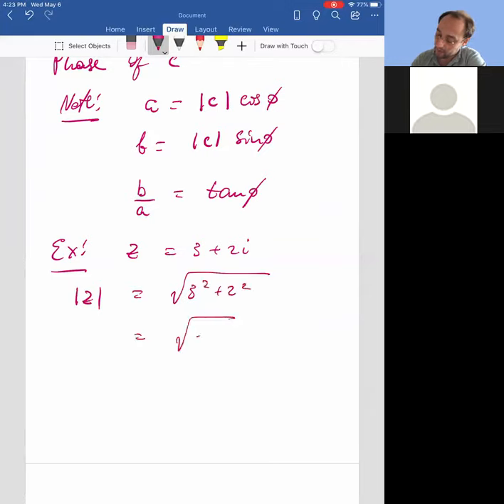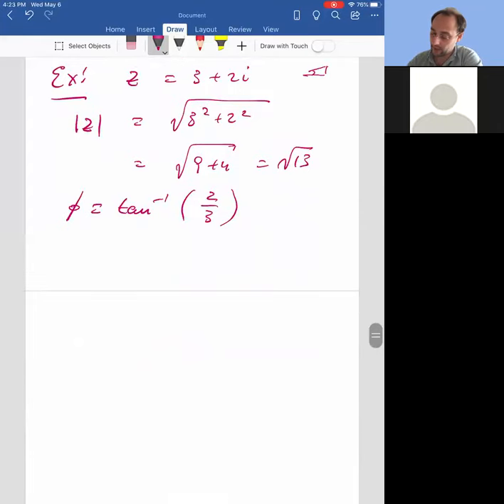That's 9 plus 4. It's square root of 13. And phi, so you went 3 plus 2I, so it's something like this. It's less than 45 degrees, so it's tangent inverse of 2/3.